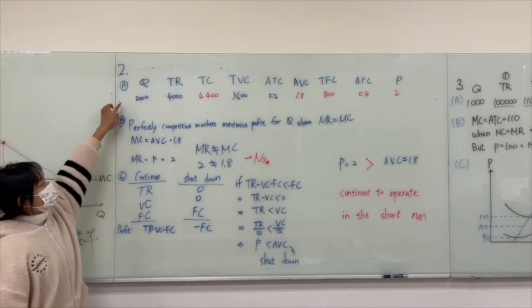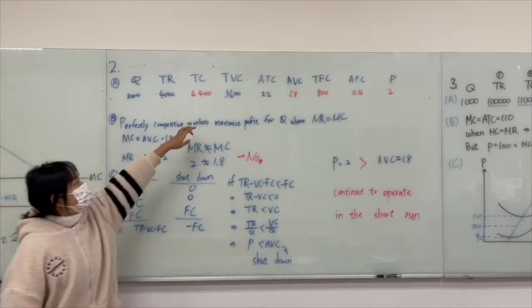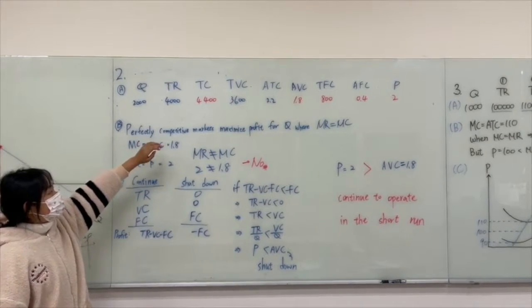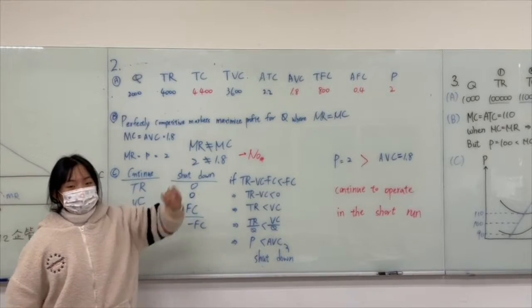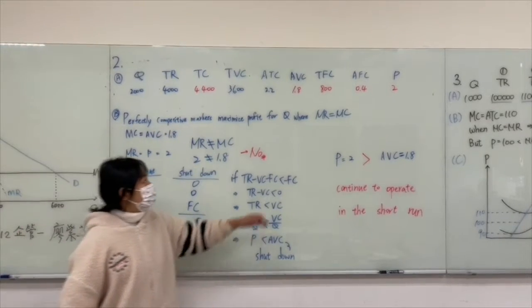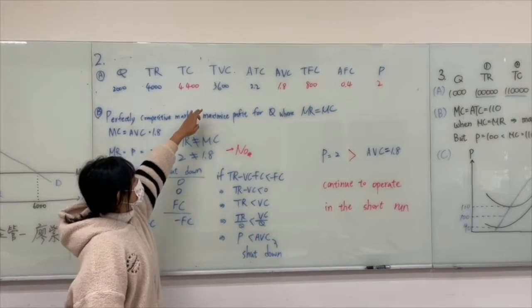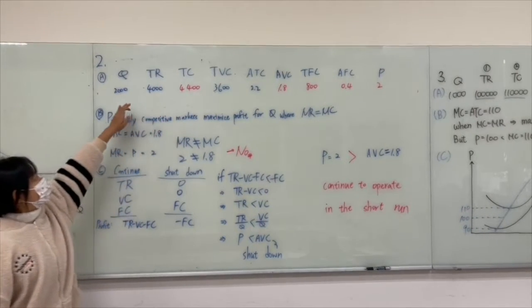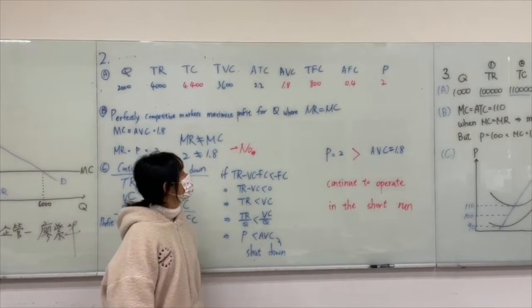Part A. Complete the table. Total cost is average total cost times quantity, which is 4,400. Average variable cost is total variable cost divided by quantity, which is 1.8.